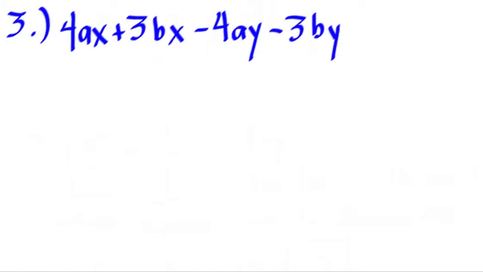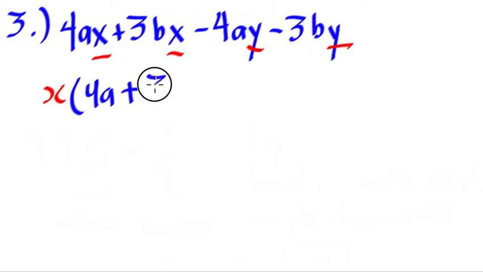By grouping, I think we can see a common factor of x and x here, y and y here. So let's take them out. Getting the x for both sides, what is left is 4a plus 3b.